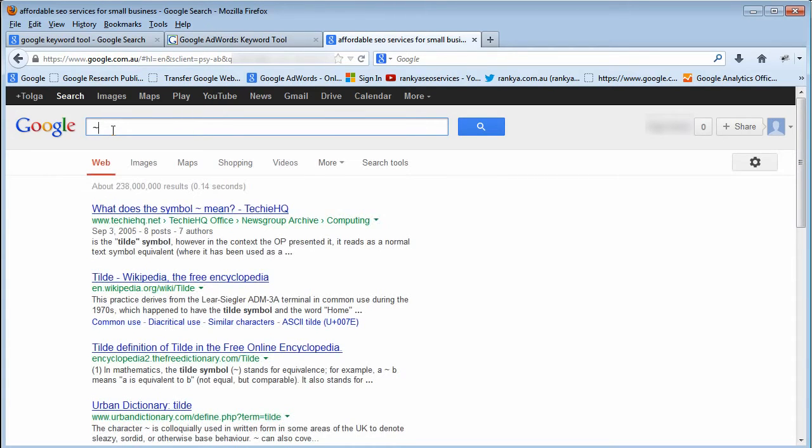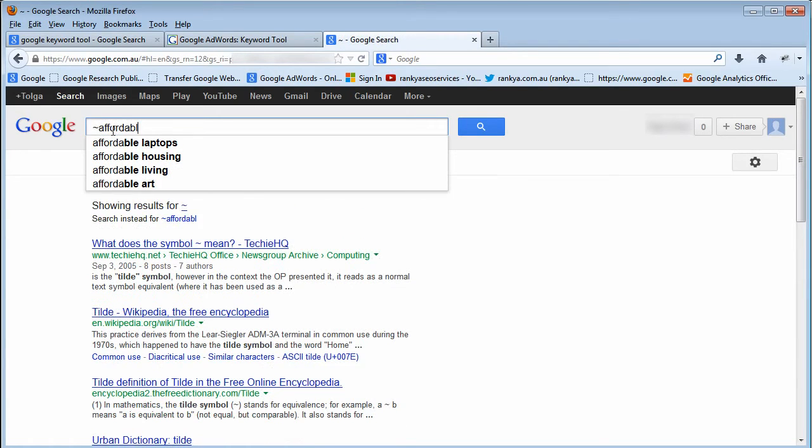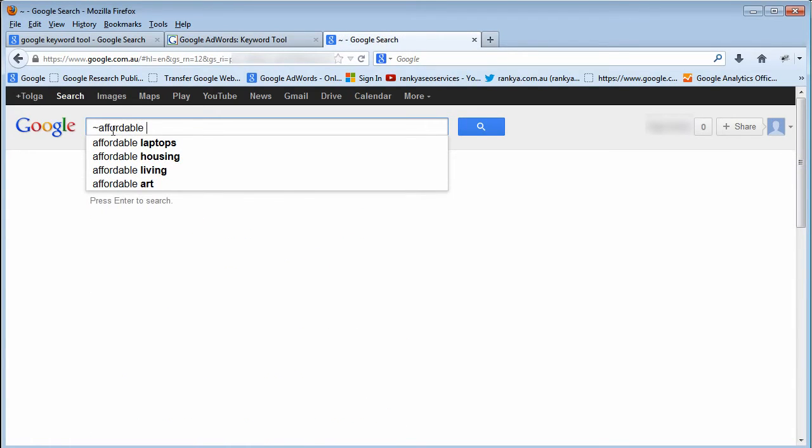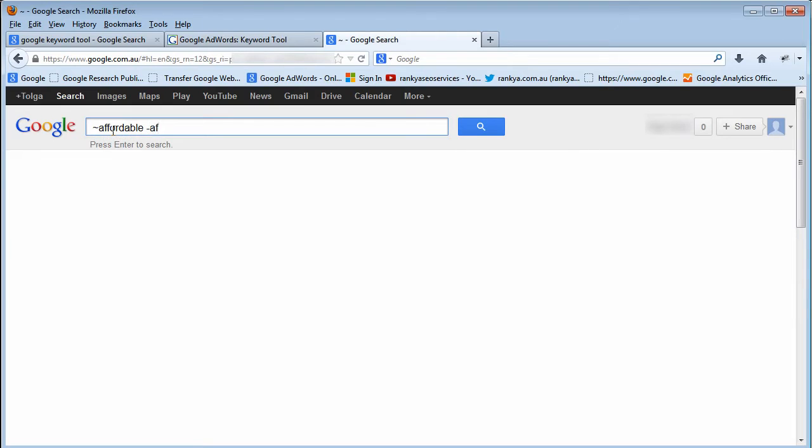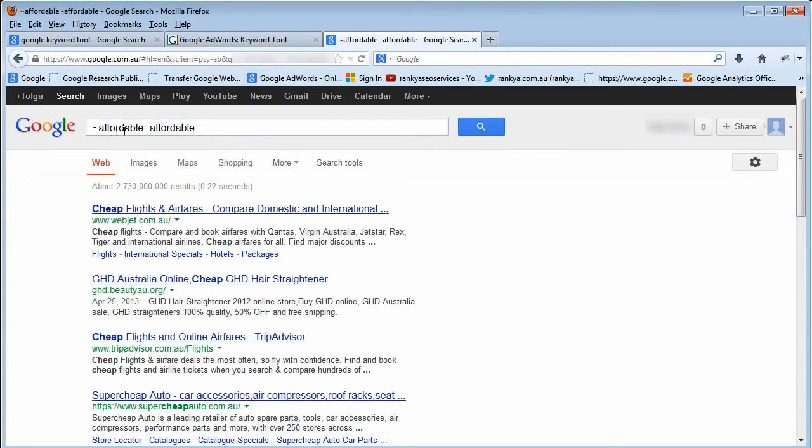Then you say, give me what you know, as in tilde and a keyword related to your industry. Then you minus the same word. See, this is how you do it. Each keyword you choose, use that tilde operator with a minus operator.